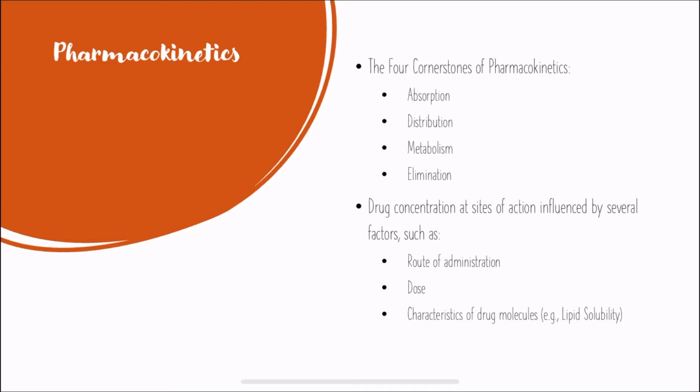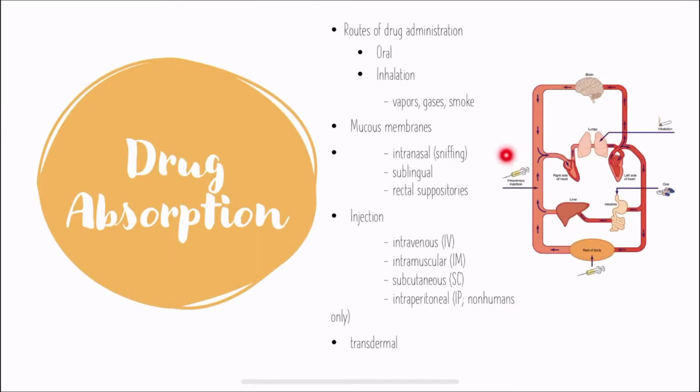Drug concentration at the sites of action is influenced by several factors, such as route of administration, dose, and characteristics of drug molecules. An example for that is lipid solubility. In the route of drug administration, there's oral and inhalation, such as vapors, gases, or smoke.